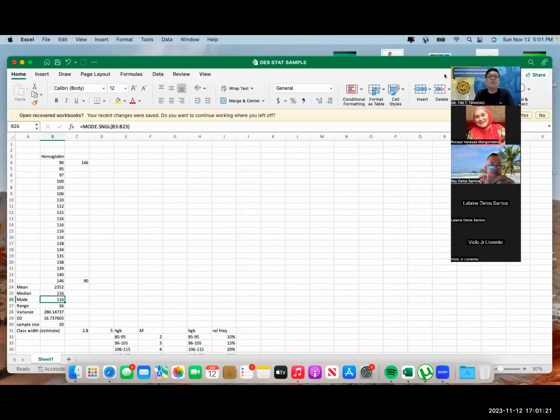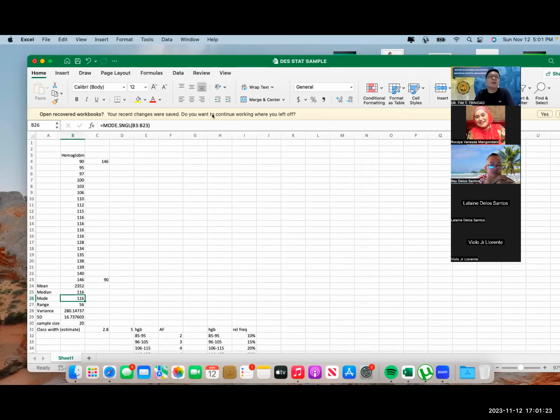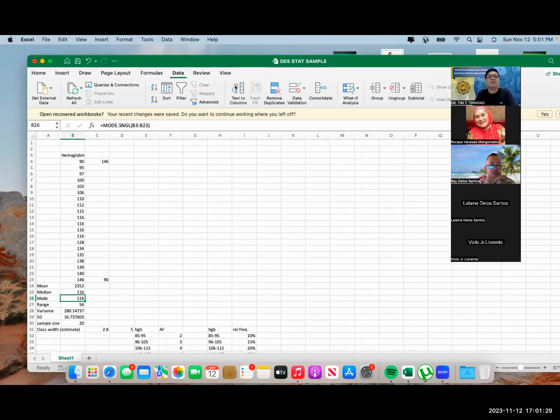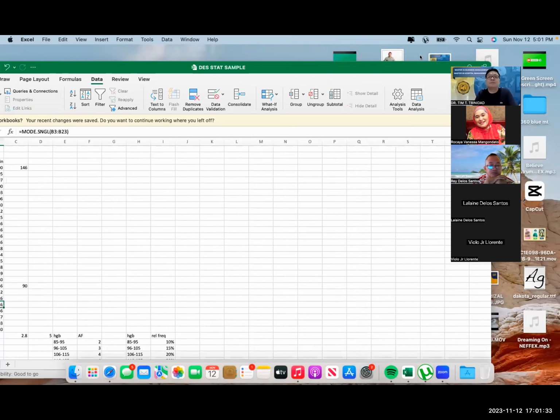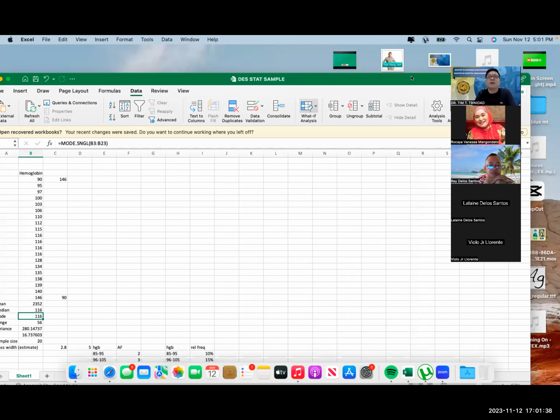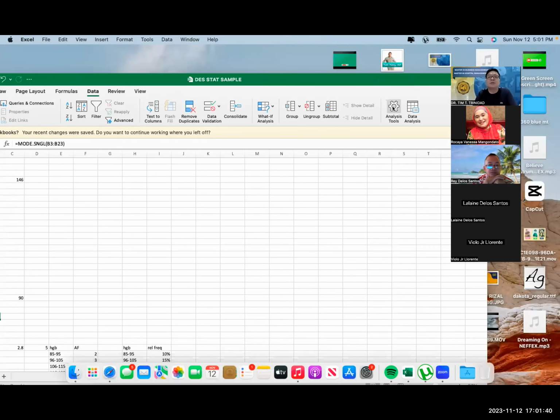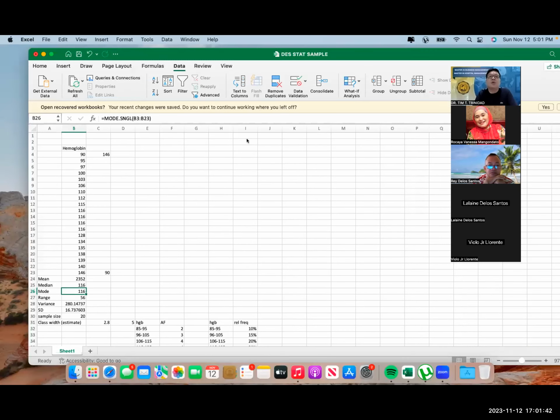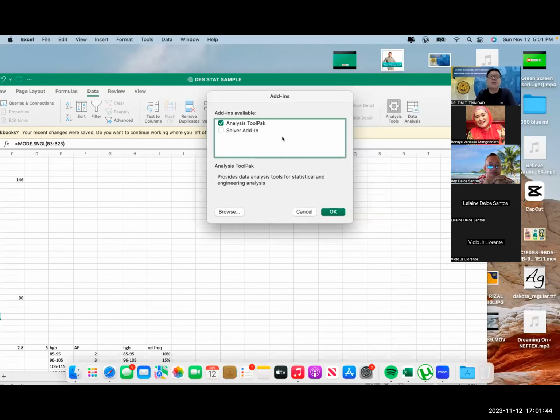So if you want to make a descriptive summary, you go to data. You click on data, you go to the analysis tools. Kung wala pang naka-install na analysis tool pack dyan sa Excel ninyo, you can install it.